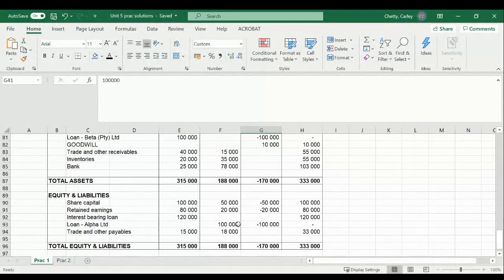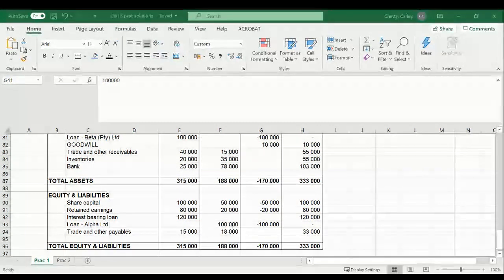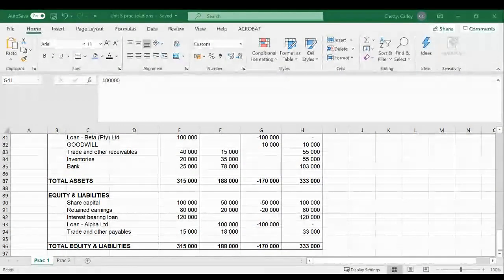So we'll say alpha plus beta, and then we also plus the pro forma journal entry column. So 100,000 Rand minus 100,000 Rand. This represents the journal entry processed. This will give us 0. So in the consolidated financial statements, the loan between beta and alpha will not be shown.